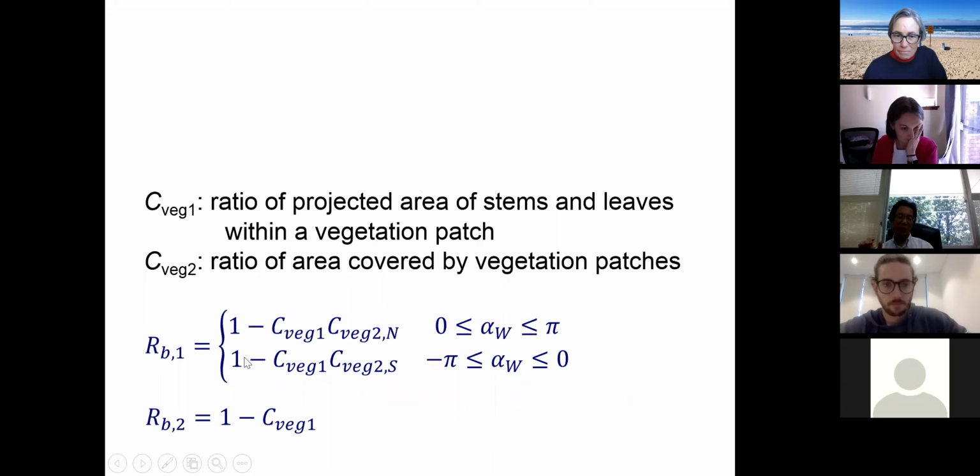Well, when the winds blow from the north, we use the area of the vegetation in the north side of the survey area. And when the winds blow from the south, we use the ratio for the south side. So such a difference between north and south we included in the model.